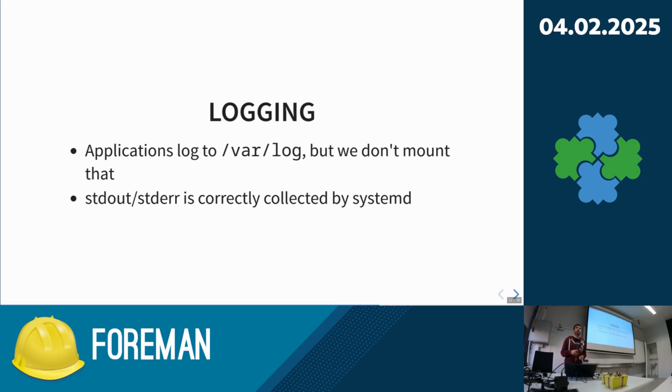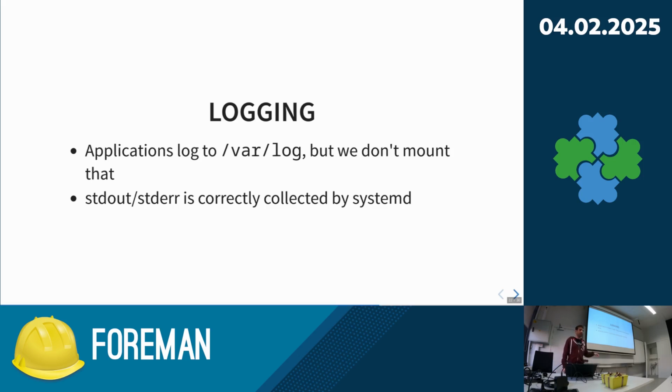Apparently, it's very hard for a Java application to log to standard out, or the way it's set up in Tomcat for us. I don't know. So we had some discussion. It was like, yeah, we should do that. We have no idea. And again, props to Pulp folks. They already just log to standard out, and that just works. One thing less to care about.